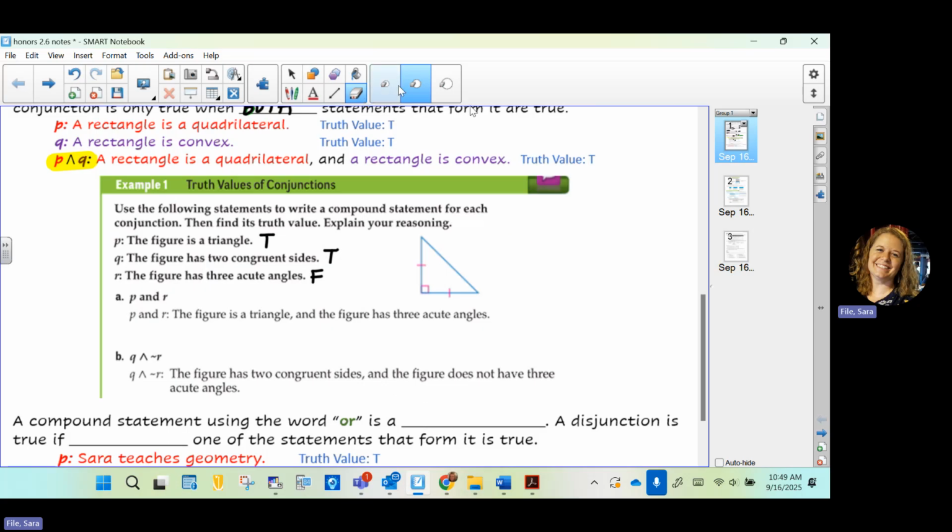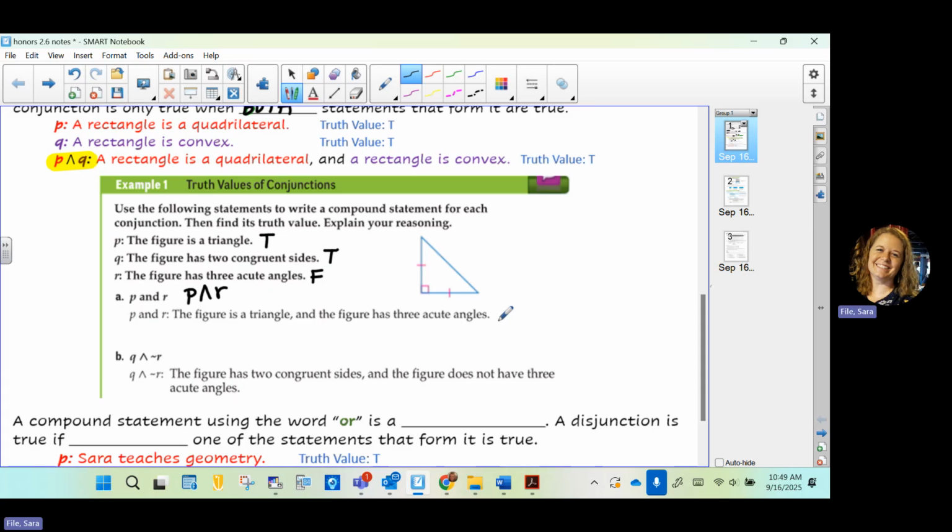Now we want to create conjunctions of those. So this first one says P and R. I would practice your symbol, that would be written as P and R. So if we do P and R, it would read, the figure is a triangle and the figure has three acute angles.